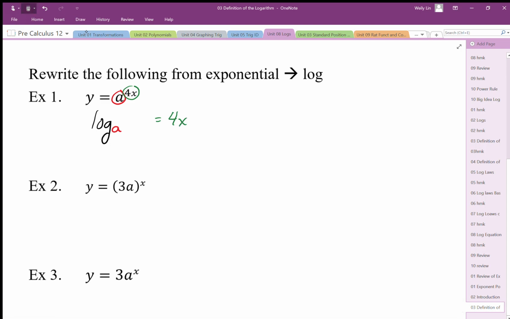And then my input is going to be the output of my exponential expression. So here I have log. Be careful with this base: the base has to be the whole base, because it's in brackets. So my base is 3a. My exponent here is the x value. And then my input has to be the output. So that's log base 3a of y equals exponent x.